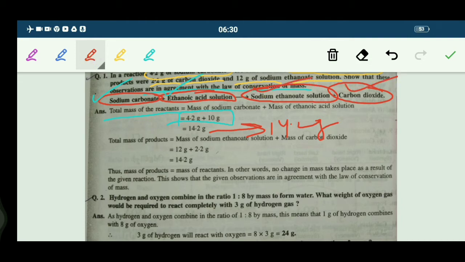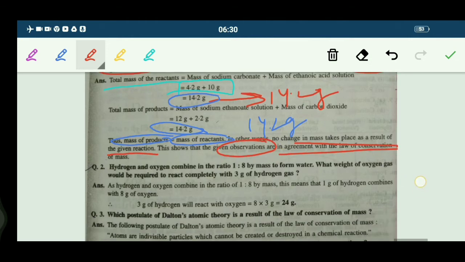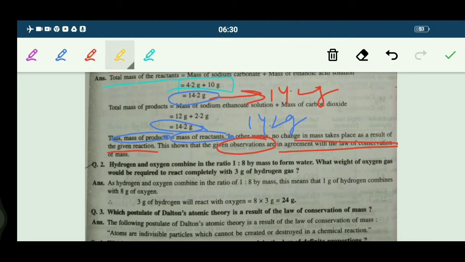The mass of both products is given, so 12 gram plus 2.2 gram, and your answer would be 14.2 gram. So the mass of product is equal to the mass of reactant, 14.2 gram. We can say that no change in mass takes place as a result of the given reaction. So these observations are in agreement with the law of conservation of mass.